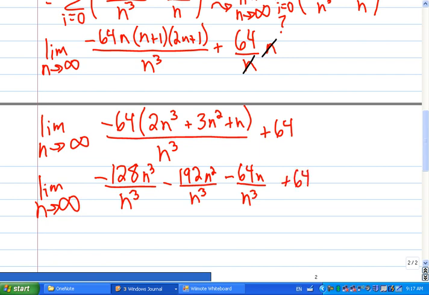So what happens to these pieces now? Well, as n goes to infinity, the bottom wins, and all that I'm left with is the ones where the n disappeared out of it.